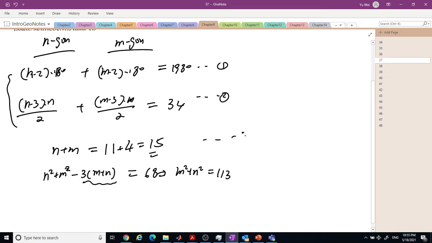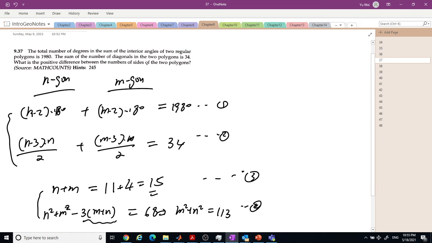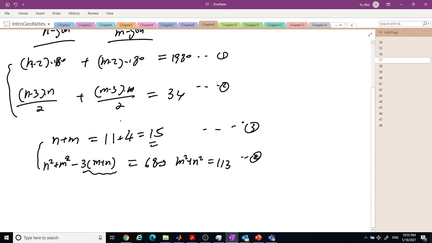The question asks what's the positive difference between the number of sides, right? The positive difference means m minus n, taking the absolute value.